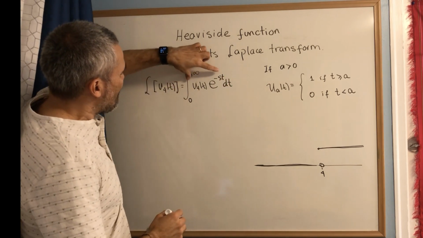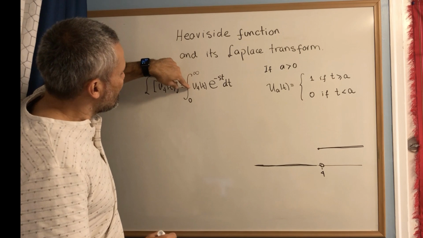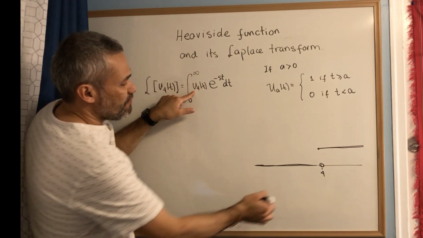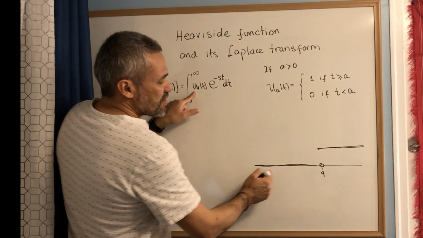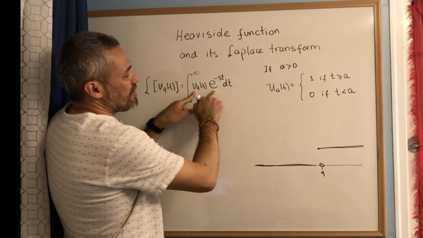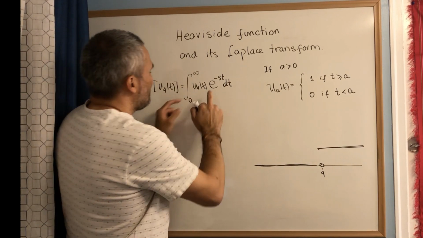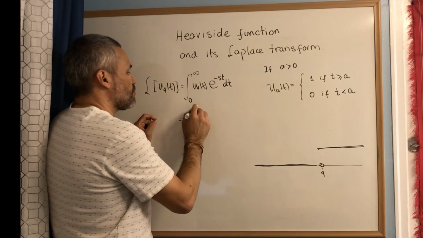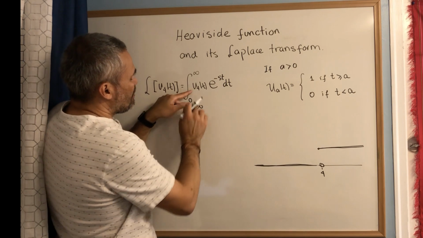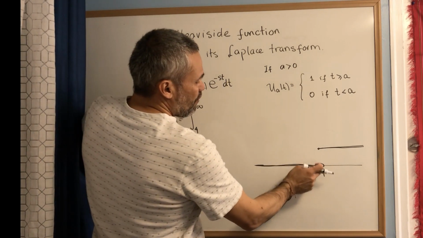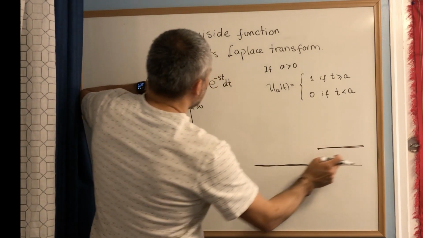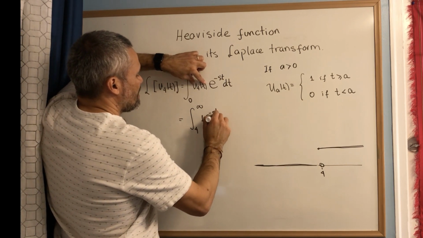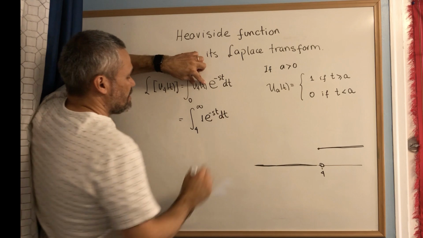For values of t smaller than 4, this function is 0, and 0 multiplied by something else is just 0. Then this integral is just the integral from 4 to infinity. And after 4, this function is 1, so I can replace it with 1 times e to the negative st dt.